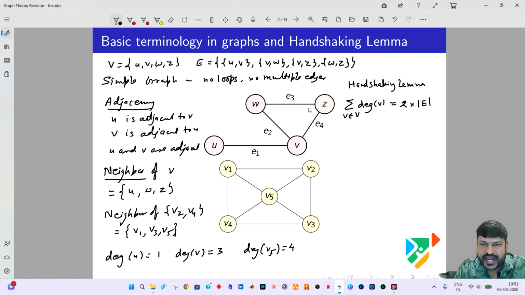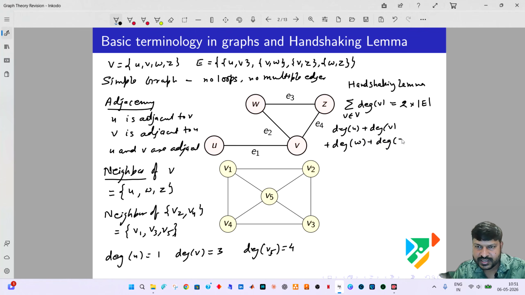So we'll verify the handshaking lemma for the first graph. In the first graph, you have degree of u plus degree of v plus degree of w plus degree of z. What is the degree of u? 1, plus degree of v? 3, plus degree of w? 2, plus degree of z? 2.